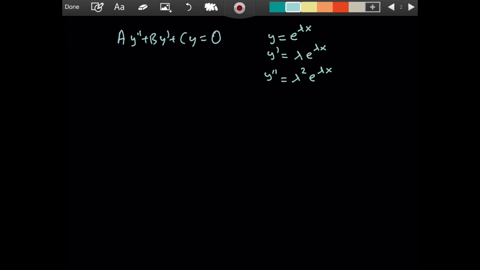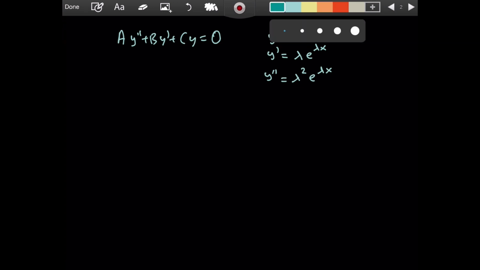Well, this might solve it because the whole expression here is equal to 0. And when we substitute this, all of the e to the power of lambda x terms will cancel. And when they cancel, we will have a quadratic equation in terms of lambda, which we can solve using the quadratic formula, right?